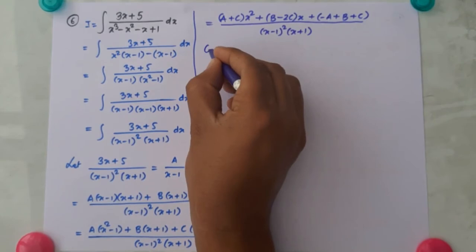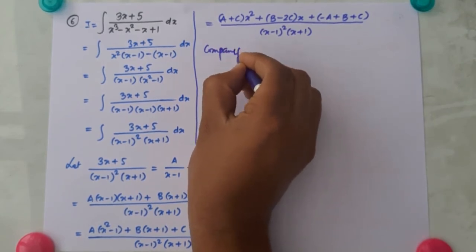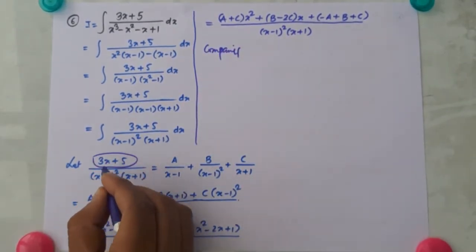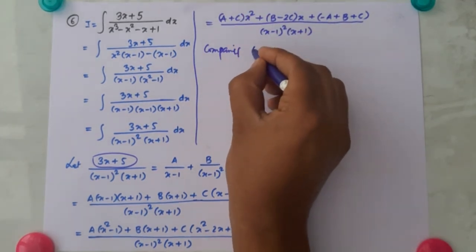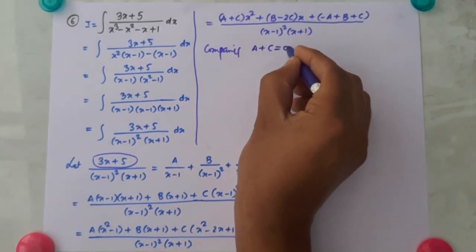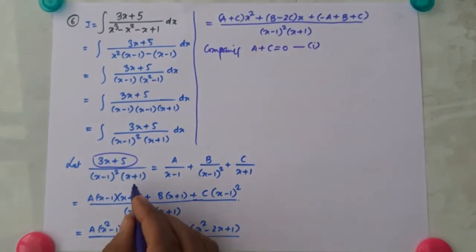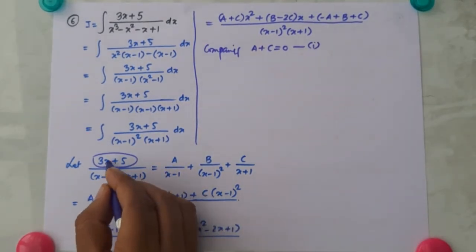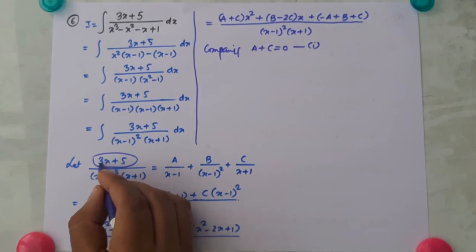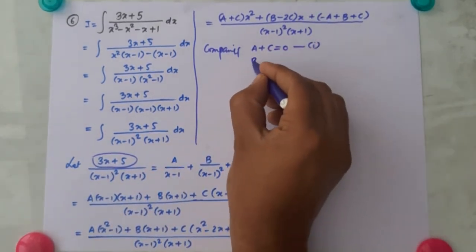Now comparing, do we have x square here? No, we don't have x square, so that's why a plus c turns out to be 0. Call this equation 1. Now, do we have the coefficient of x here? Yes, so the coefficient of x here is 3, and here it is b minus 2c.